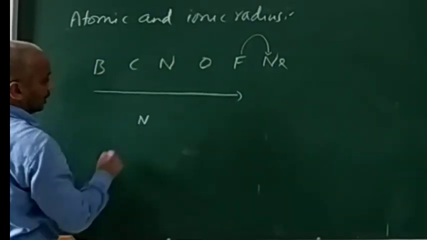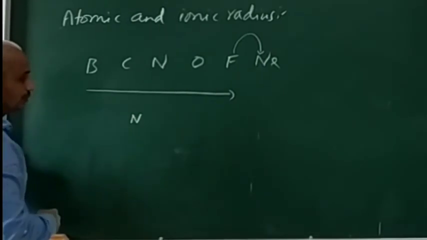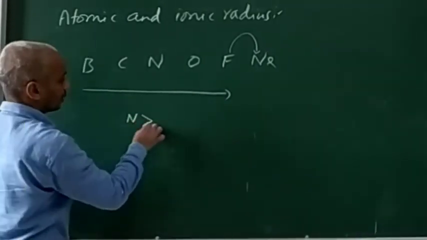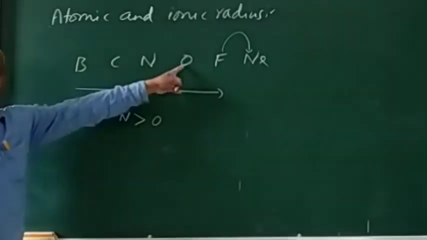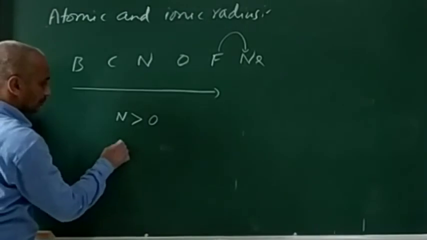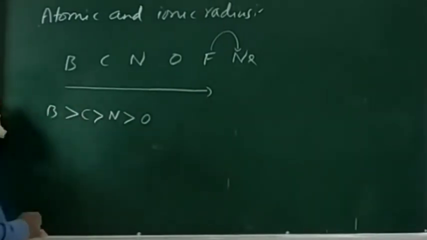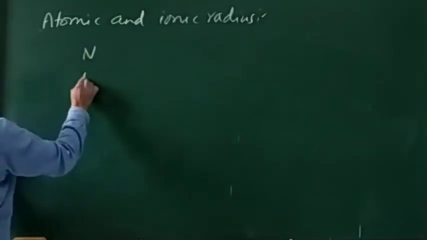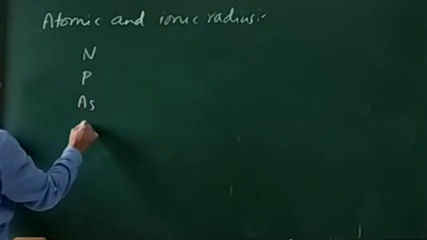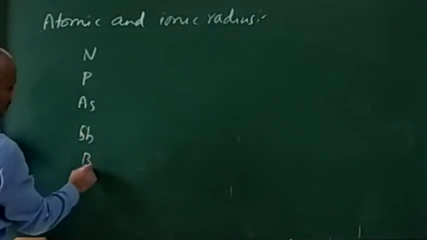Nitrogen size is smaller than carbon but bigger than oxygen. Carbon is bigger than nitrogen, boron is bigger than carbon. Now nitrogen, phosphorus, arsenic, antimony and bismuth.